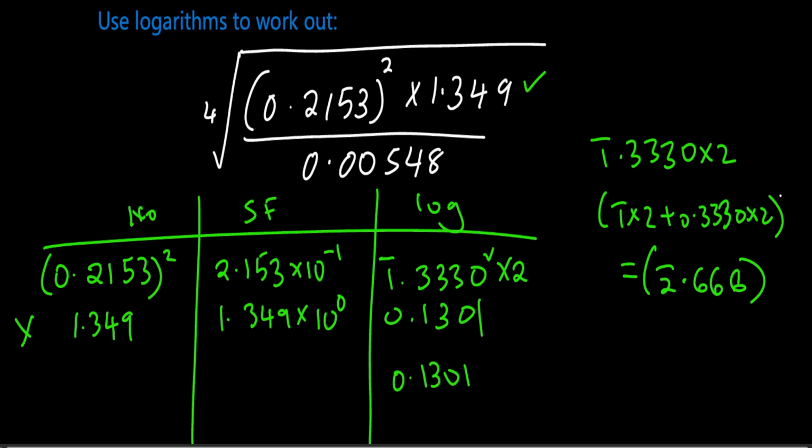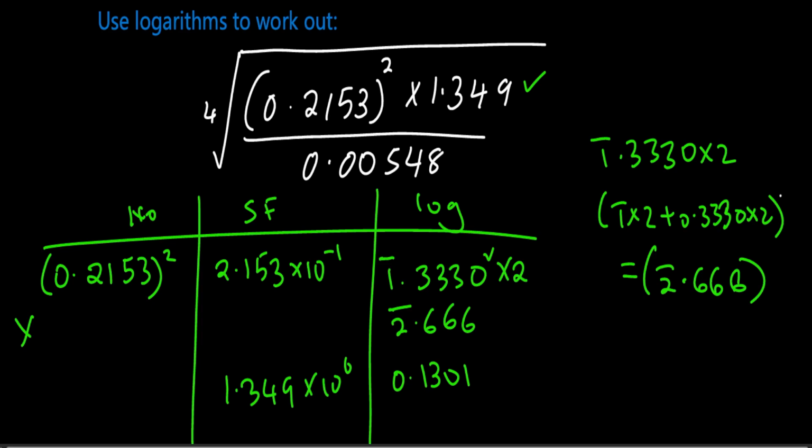Let me just write this here. The answer to this is bar 2.666. Let me write it here so that it doesn't confuse us at all. Okay, so that's one done.